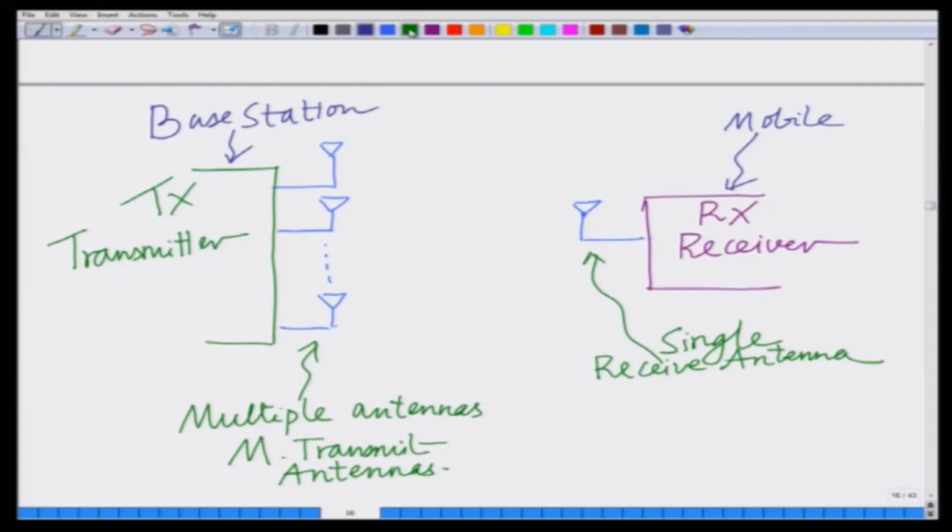So we are considering a multi-antenna downlink wireless communication scenario where the base station has multiple antennas and the mobile has a single antenna. Naturally, since there are multiple antennas, there are going to be multiple channel coefficients, and since there are M antennas, there are going to be M channel coefficients H1, H2 up to Hm.